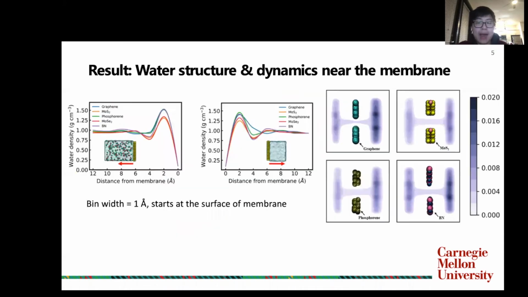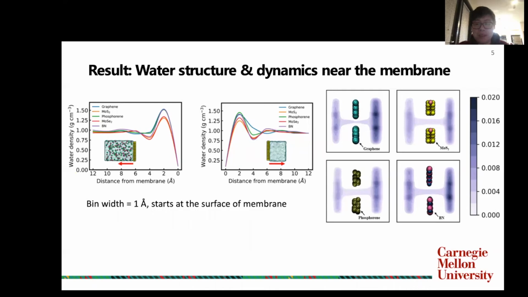To unravel why MoS2 has a higher water flux, we investigated the water structure and dynamics near the membrane. The water density profile near the membrane in both saline water and freshwater sites shows that the water is less packed near the MoS2 membrane surface. We also plotted a kernel density estimation figure, the KDE plot, of water molecules near the membrane.